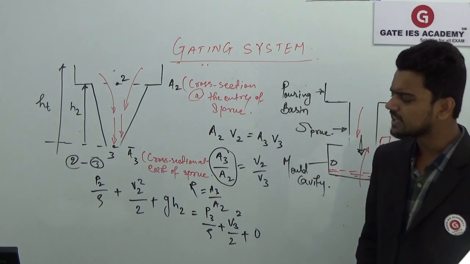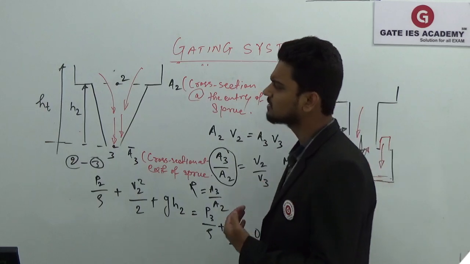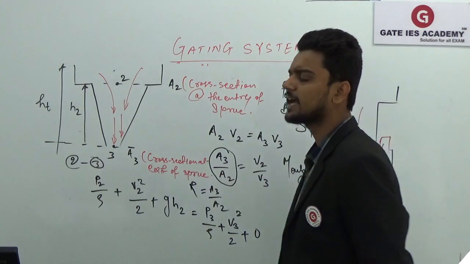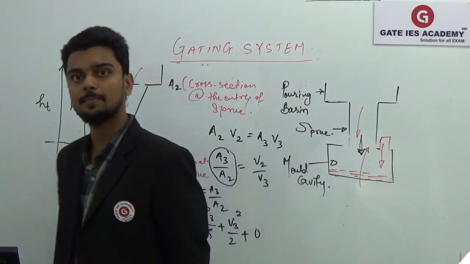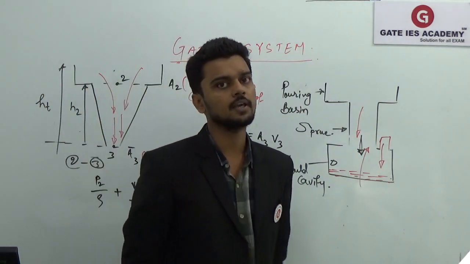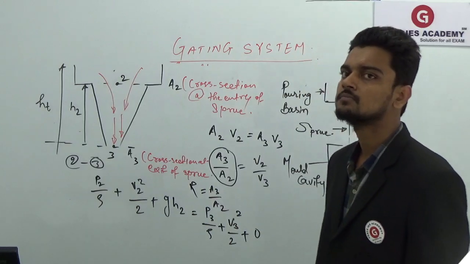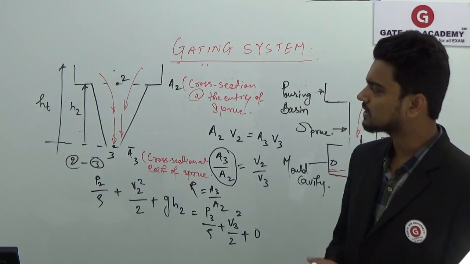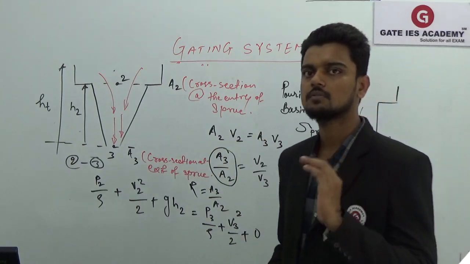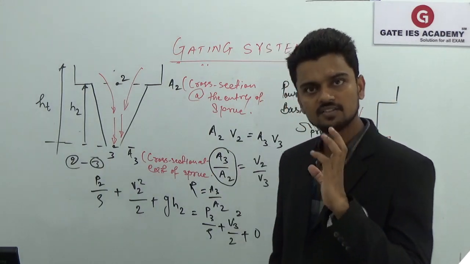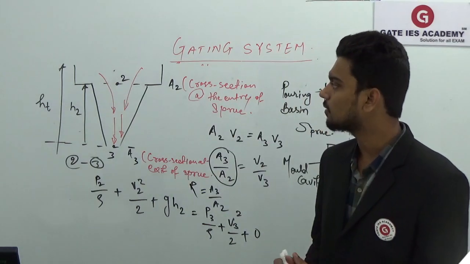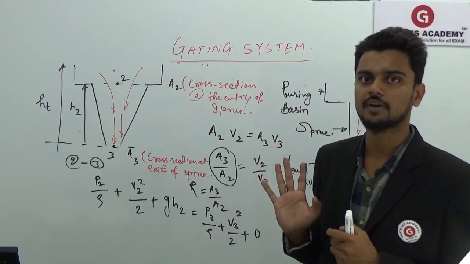Now, to avoid the aspiration effect, the pressure inside your gating system should be greater than the atmospheric pressure. It should not be below the atmospheric pressure. So we assume the minimum pressure inside your gating system is equal to the atmospheric pressure. Then there will not be any aspiration effect.